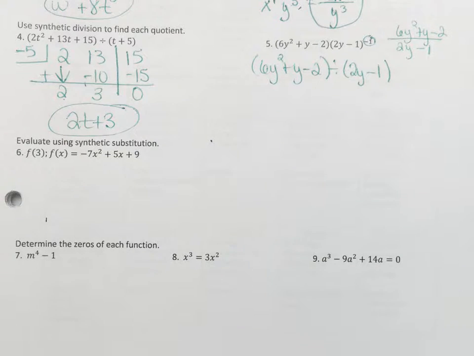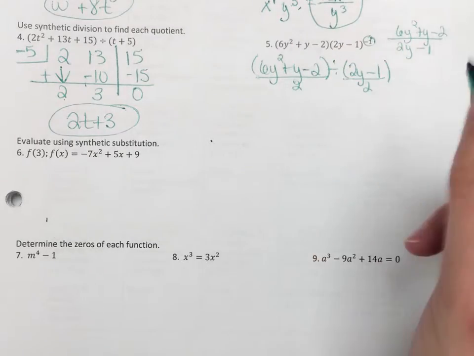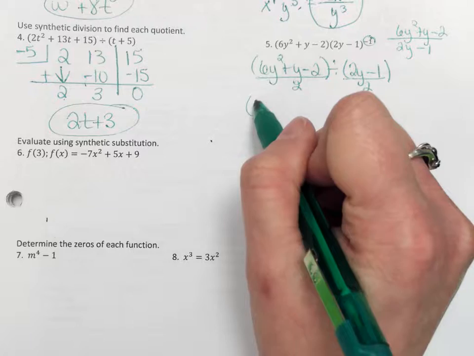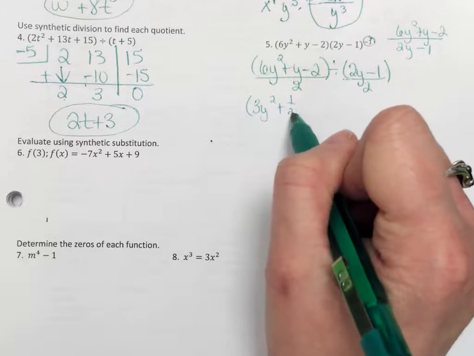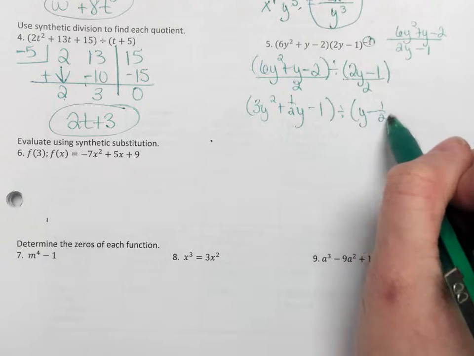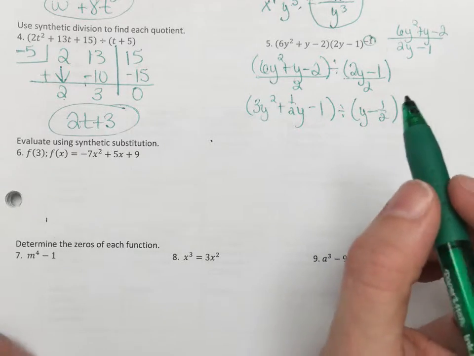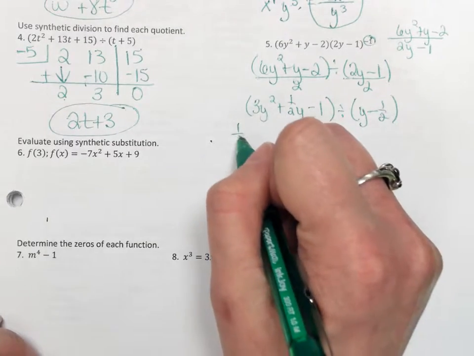Okay, now how do we do synthetic division? Now you divide everything by 2, okay? Because you can't have that number in front. So it'll be 3y squared plus 1/2 y minus 1 divided by y minus 1/2. Now what do we do? Yep.